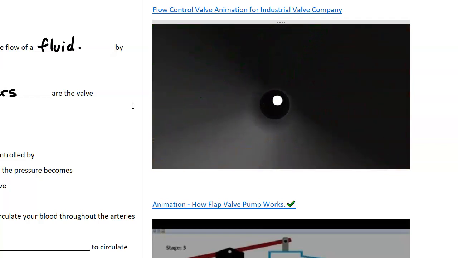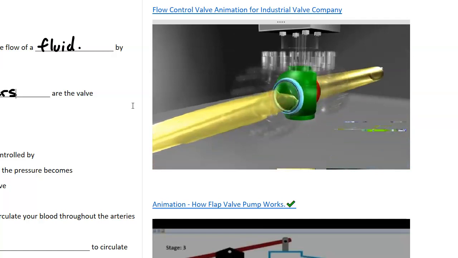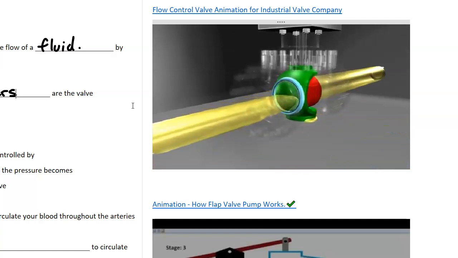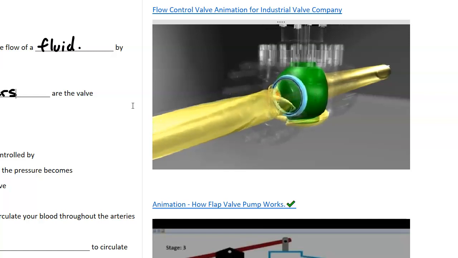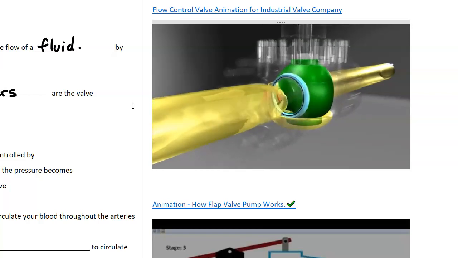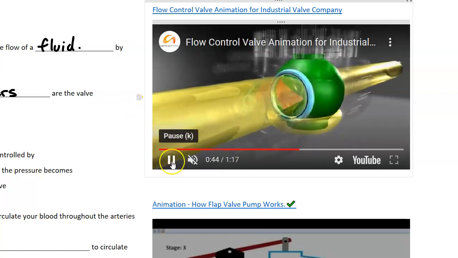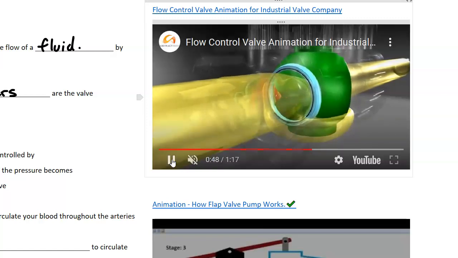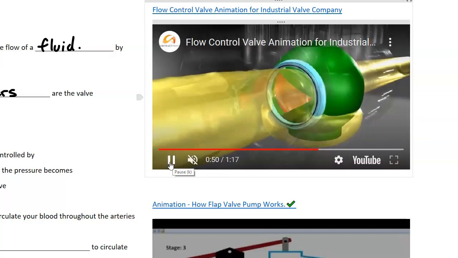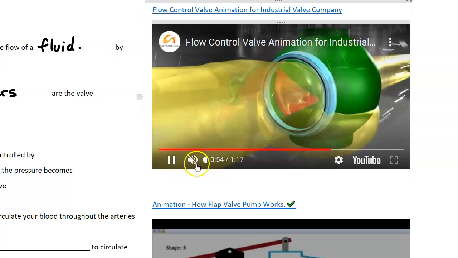What's actually happening is a ball that gets rotated with that almost Pac-Man opening. As it rotates one way or the other, it controls the flow of the fluid, in this case a liquid, but it could also be a gas. And this is just shelled within a much larger device.